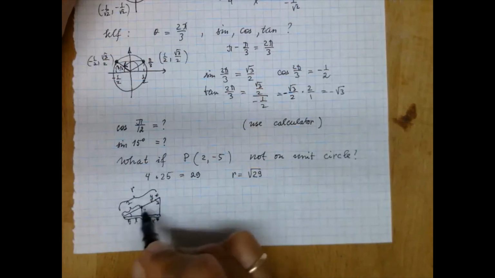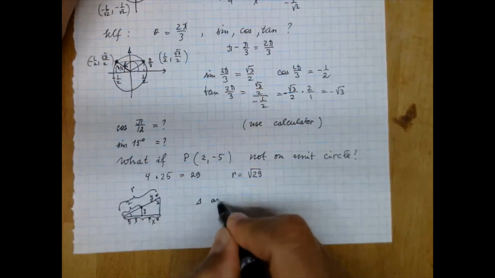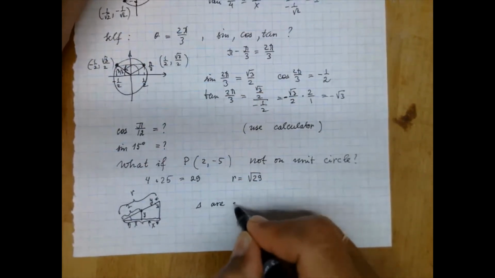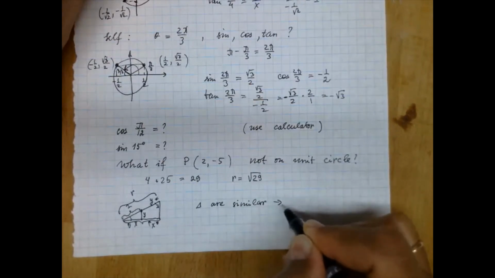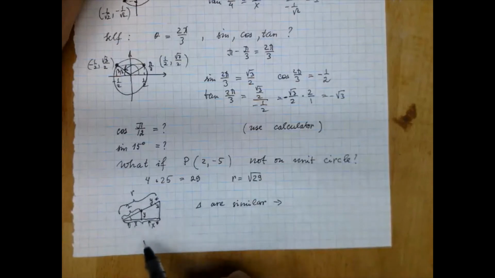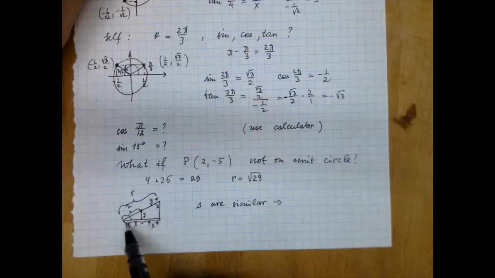You see that the two triangles are similar. What does it mean? It means that the ratio between the sides is supposed to be the same. For example, if you take the hypotenuse here and the hypotenuse here and divide them, you are going to have the same ratio as the opposite side here and the opposite side here.